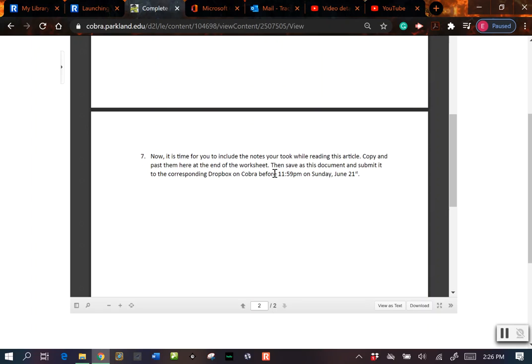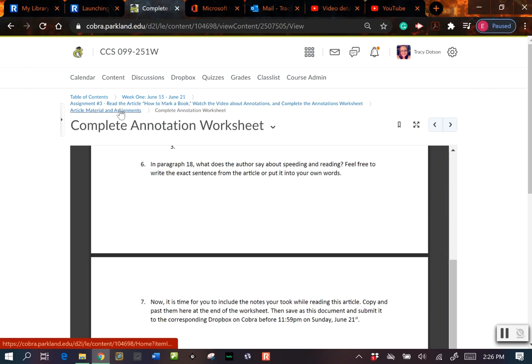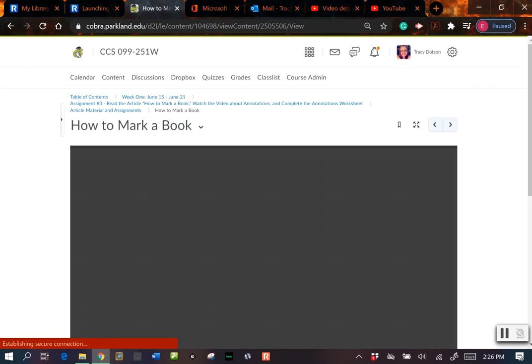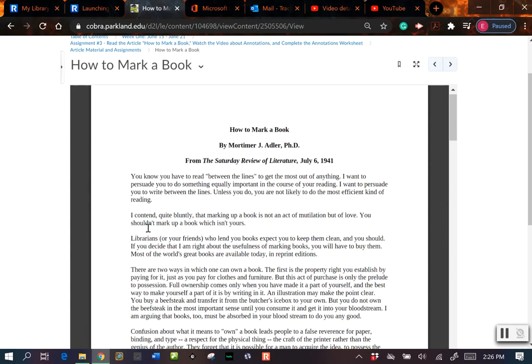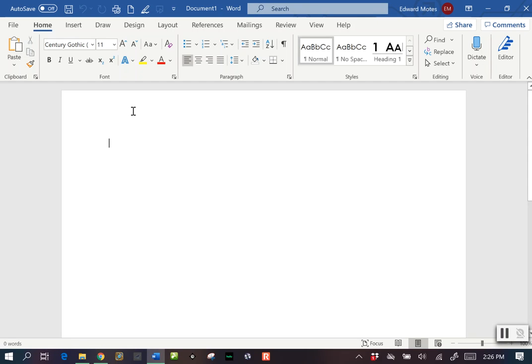And then finally, what I would suggest here is I still want you to make the margin notes where it's a summary for each paragraph with personal comments. So what you can do for that is make sure that you have the article up on your screen, and then make sure you have a Word document or some other document, if you're going to handwrite it, anything like that, first.